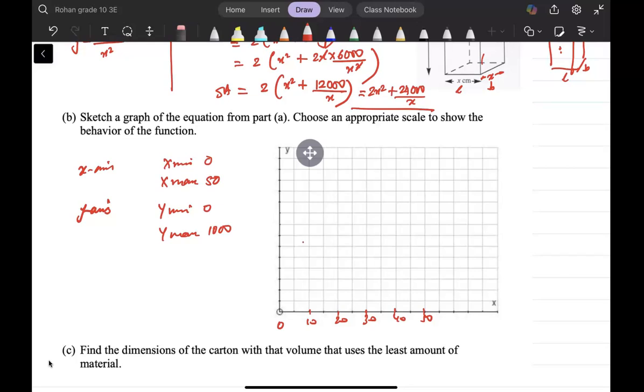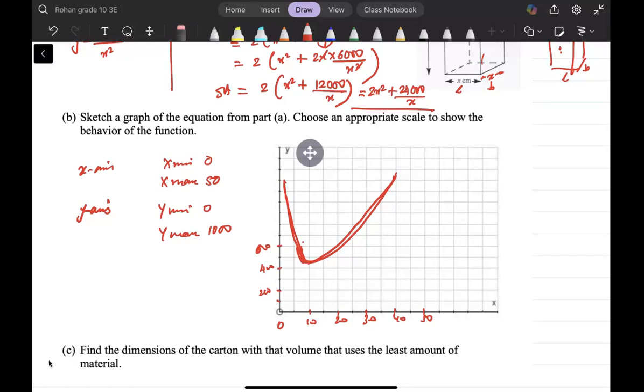So let's say this is 100, 200, 400. Okay, so 427 here, and 8.43. You followed how to sketch this? So your graph would be something like this. It's not so sharp, it's a roundish graph.